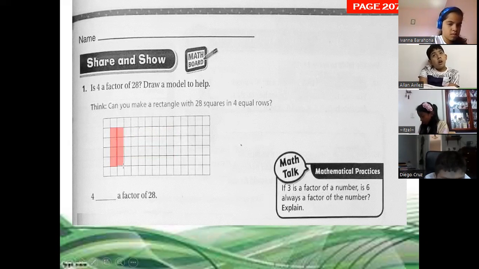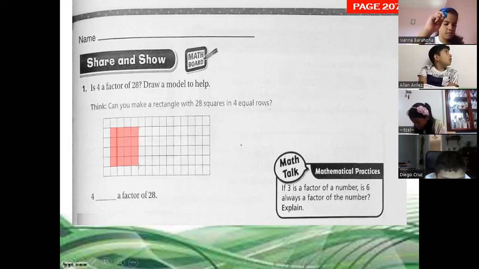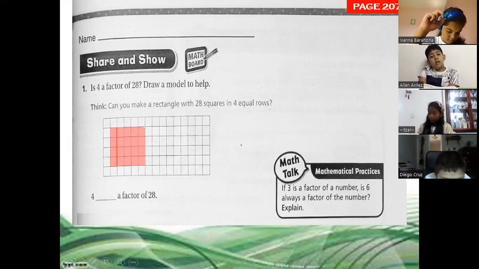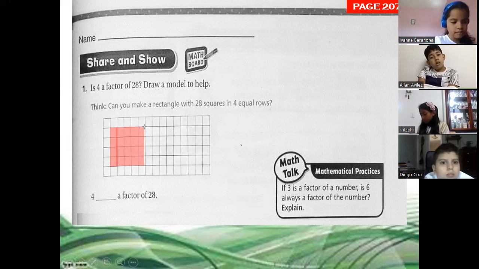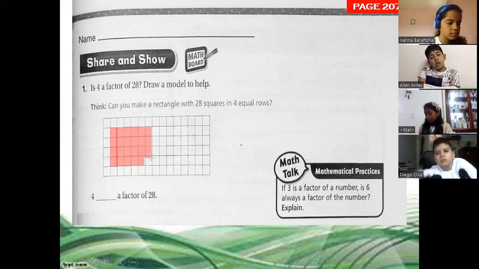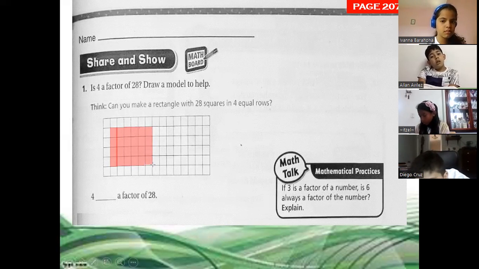Times 2, 8. Times 3, 12. Times 4, 16. 4 times 5, 20. 4 times 6, 24. 4 times 7, 28.